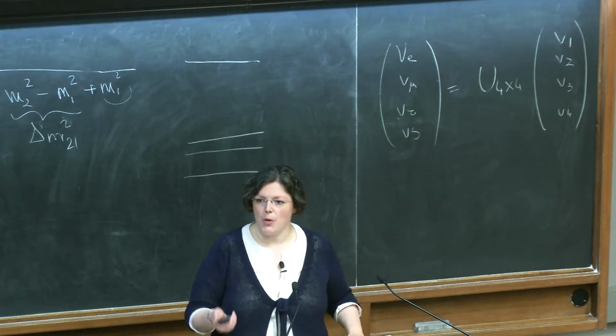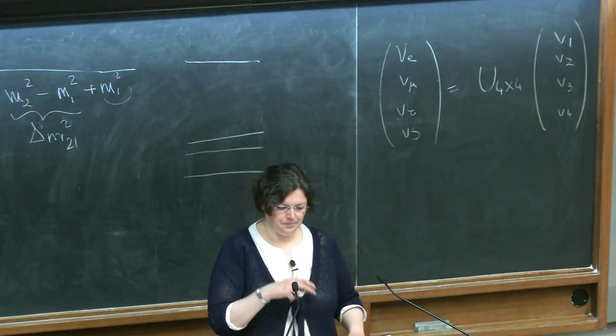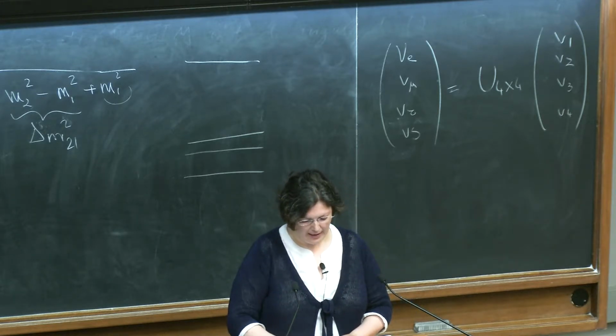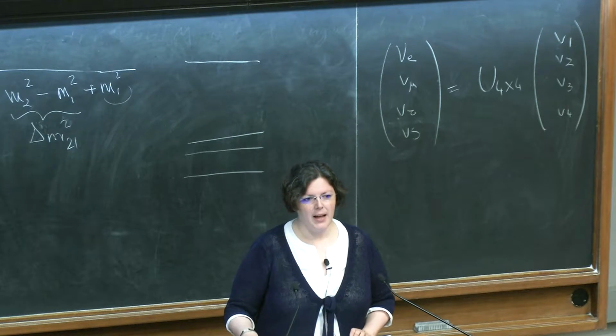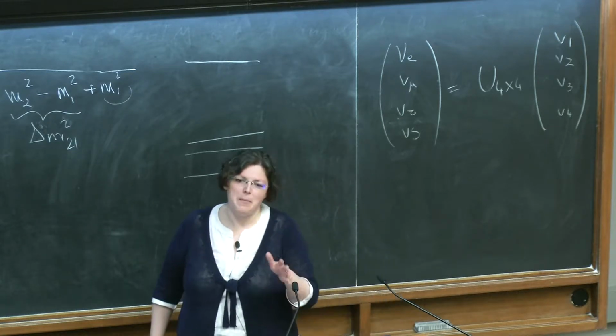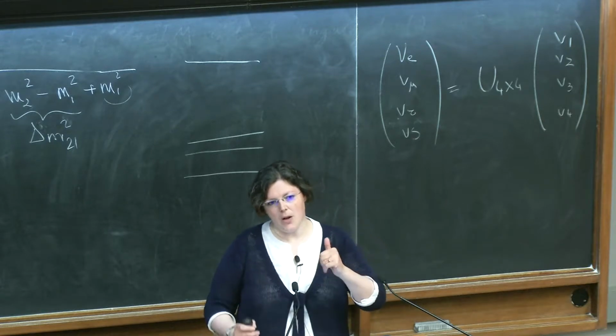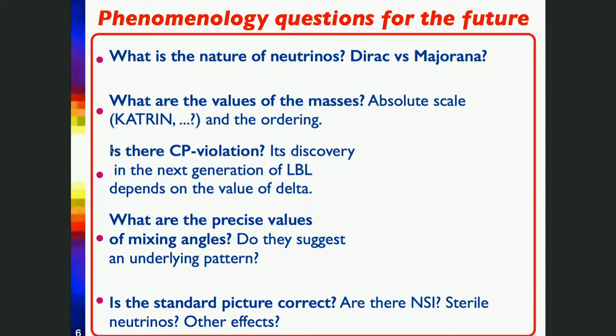Then there is MiniBooNE. MiniBooNE was constructed to test the LSND results. It came out with its own anomaly. There is an excess of nu mu into nu e events, so nu e events at low energies. The shape is really that it picks up as you go towards 200 MeV.